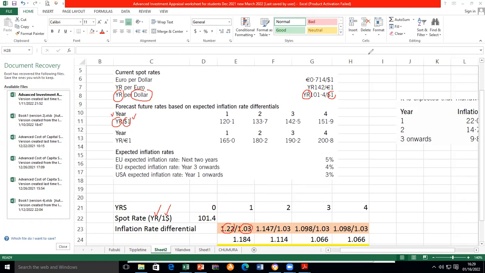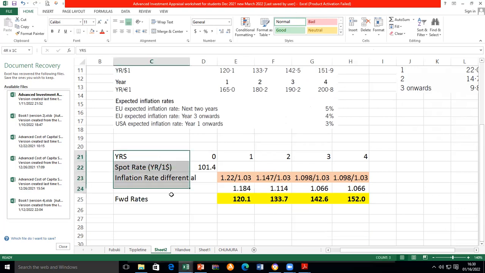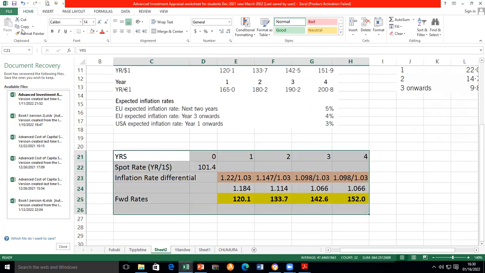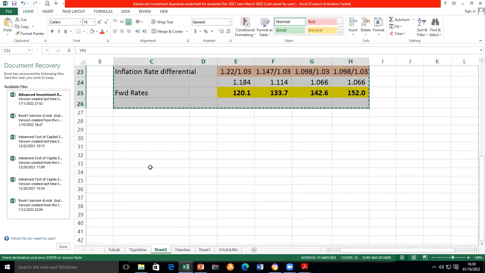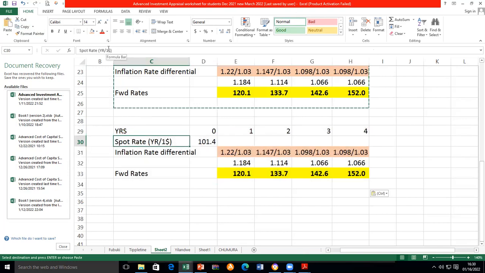Using the same logic, let us now deal with it. This one now is Y rand on the euro. So now we're going to put the inflation rate on the euro. There's no need of reinventing the wheel. We come here, we do that. And this time around, we are saying on a single euro.